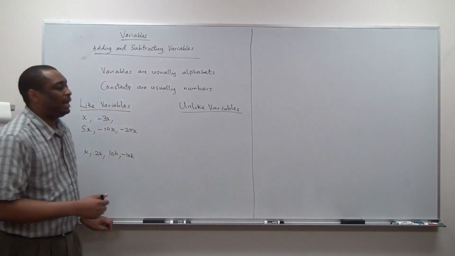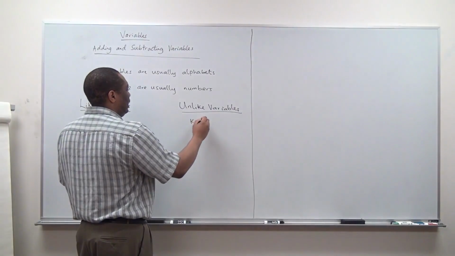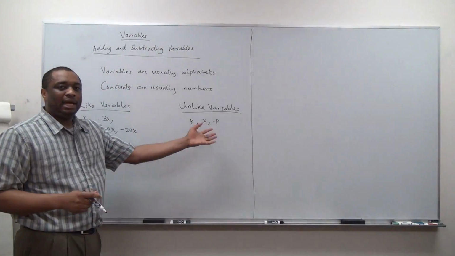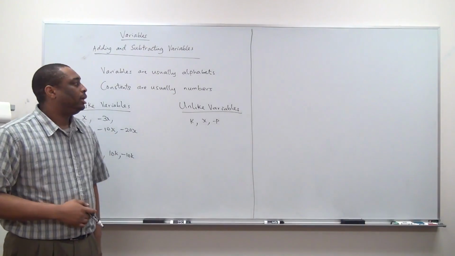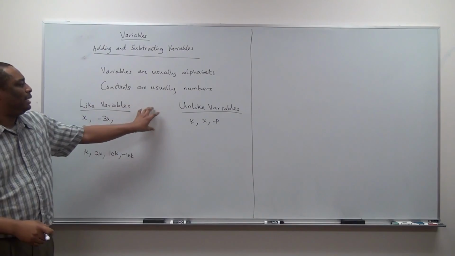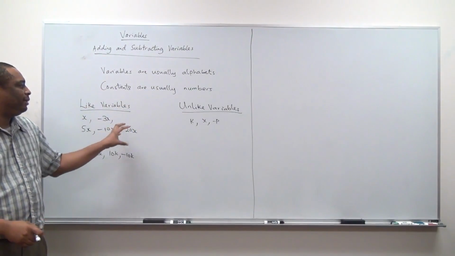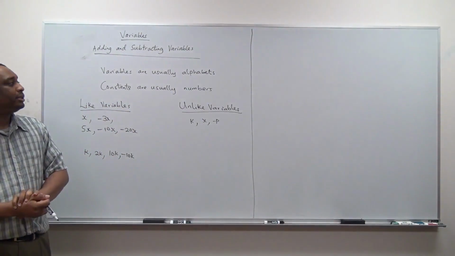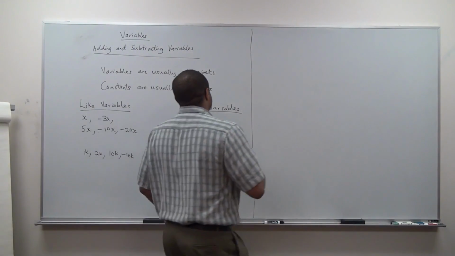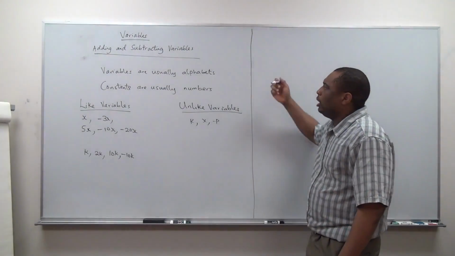But when you have something like k, x, negative p, these are unlike variables. So we are going to try and add and subtract both the like variables and unlike variables. We are going to learn that in this session. Let's go to adding like variables.